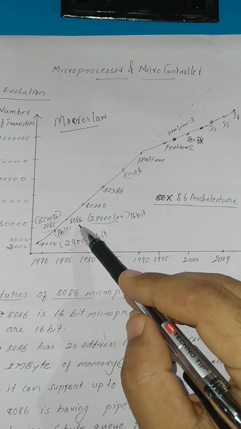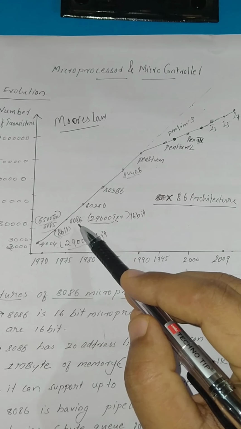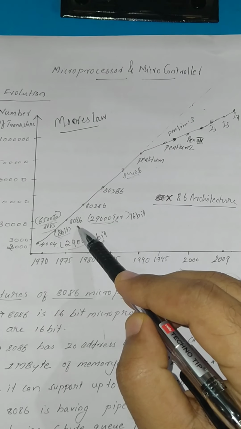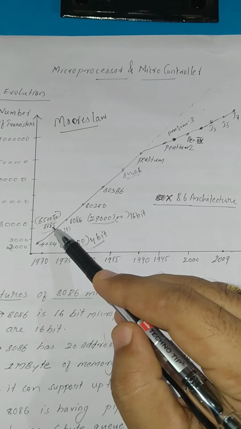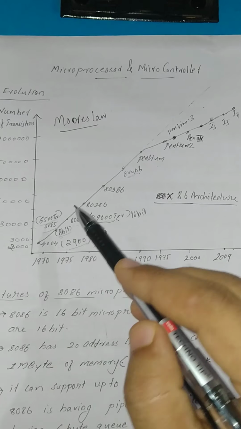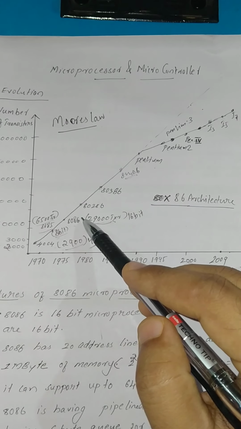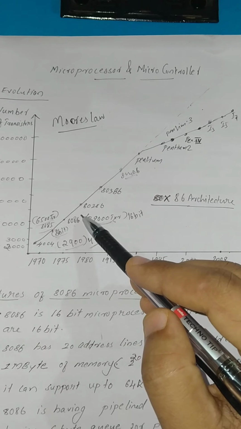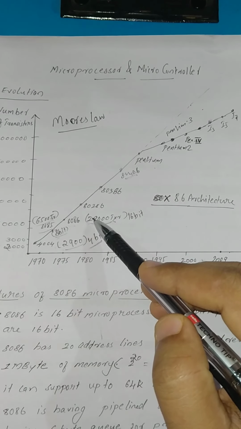Intel was able to bring multiplication and division instructions in the 8086, but in the 8085 these were absent. So if the number of transistors integrated in a circuit increases, its ability to do different tasks also increases.